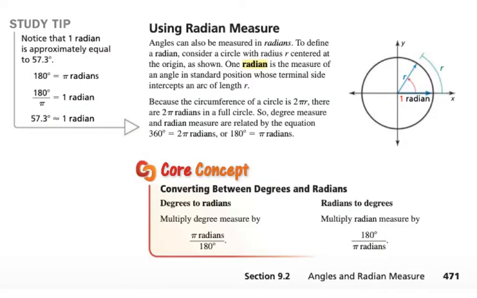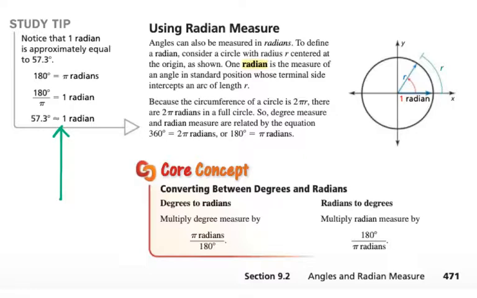Further in your book, it shows you using radian measure. One thing I want to point out here, your book's really good at explaining this. Notice 1 radian is approximately equal to 57.3 degrees. So again, this is the same picture.